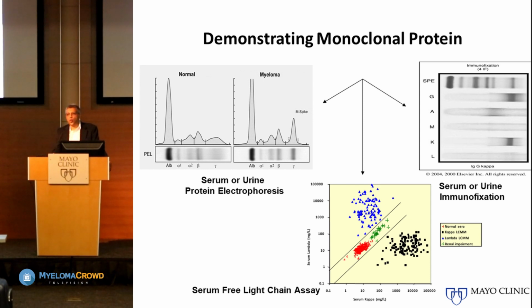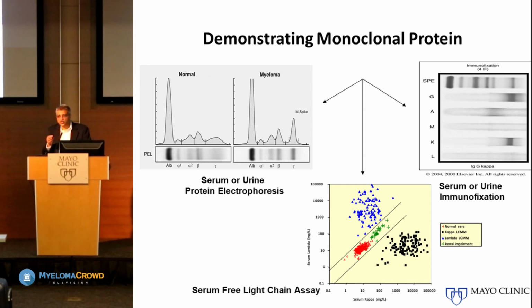But that only gives you a quantity. It doesn't tell you what type of M spike or M protein you have. And for that we do additional testing, what we call immunofixation. They use antibodies against the different types of the M protein. And depending upon where these bands live, we can decide, okay, this patient has a G type of M spike, or what we call the heavy chain.